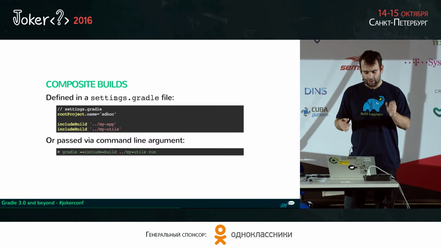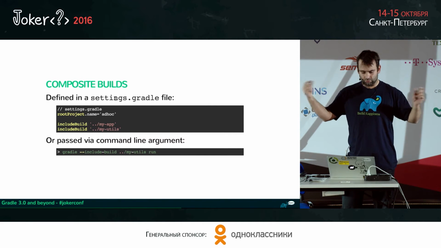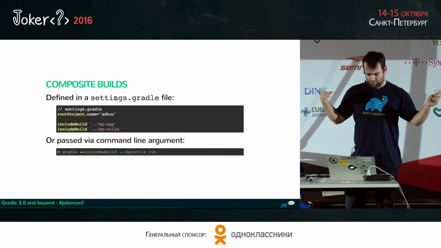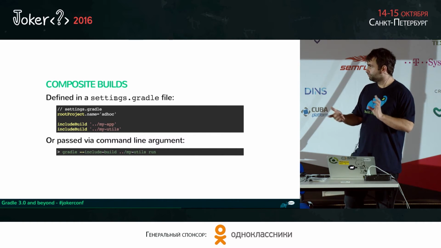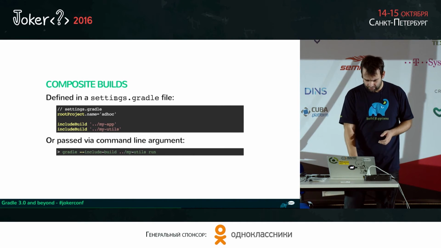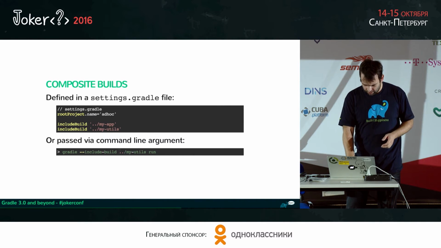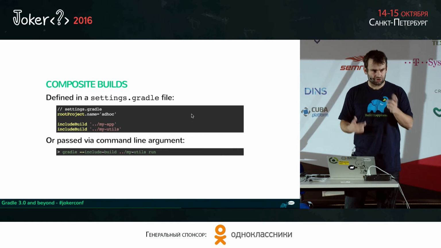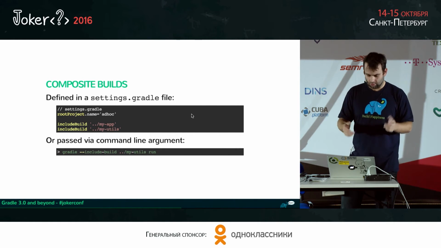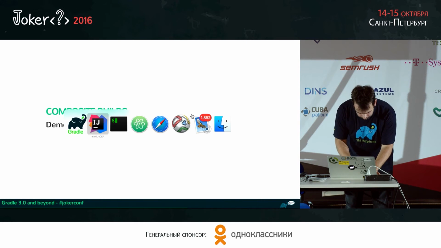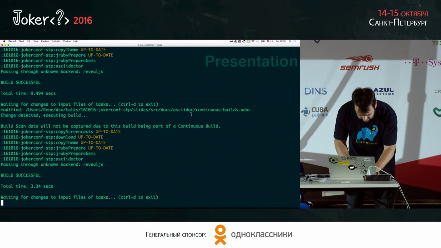You can have a dedicated settings file where you point to different repositories you have cloned onto your machine, or you can do it ad hoc from the command line by just passing --include-build my-utils and then trigger a command. Let's see an example of this.